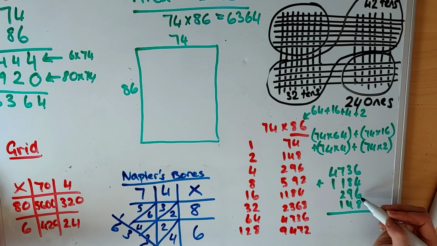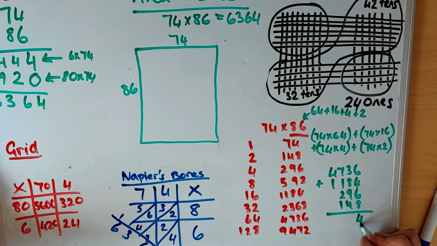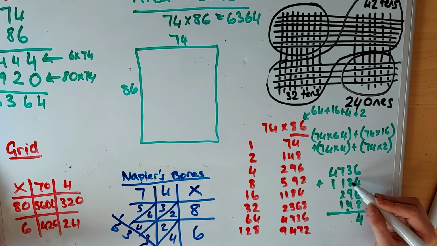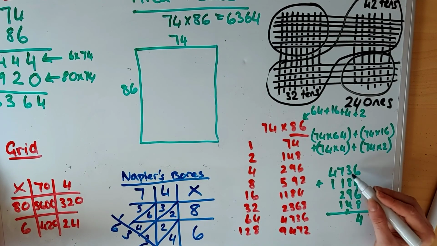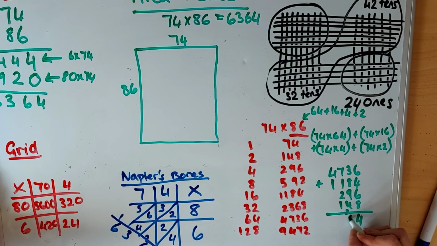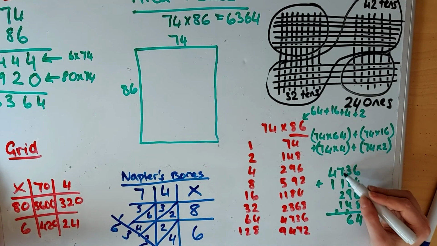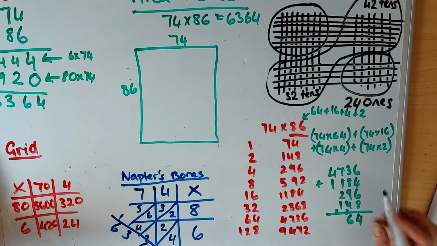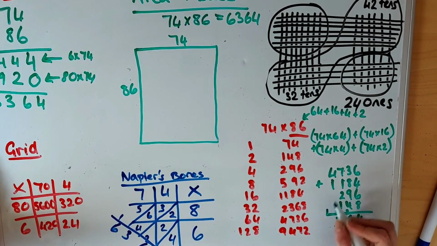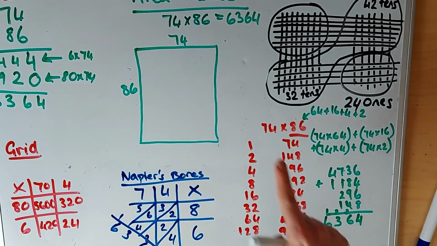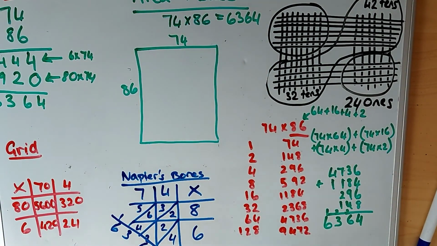And then that's 10, 16, 24, carry my 2, so that will be 10, 17, 26, carry my 2, 7, 9, 10, 11, 12, 13, carry my 1. And again, I've got exactly the same answer, just through a different method.